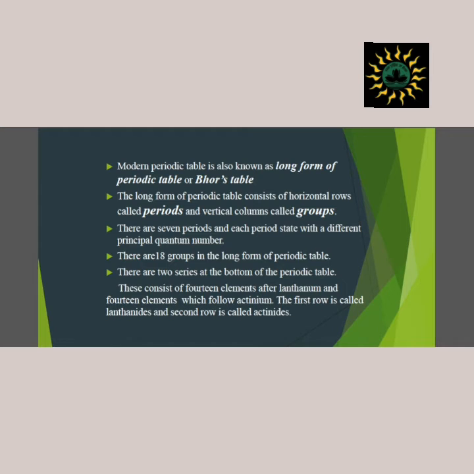I'll discuss this here. There are 18 groups in the long form of the periodic table. There are 2 series at the bottom of the periodic table. These consist of 14 elements after lanthanum and 14 elements which follow actinium. The first row is called lanthanides and the second row is called actinides.